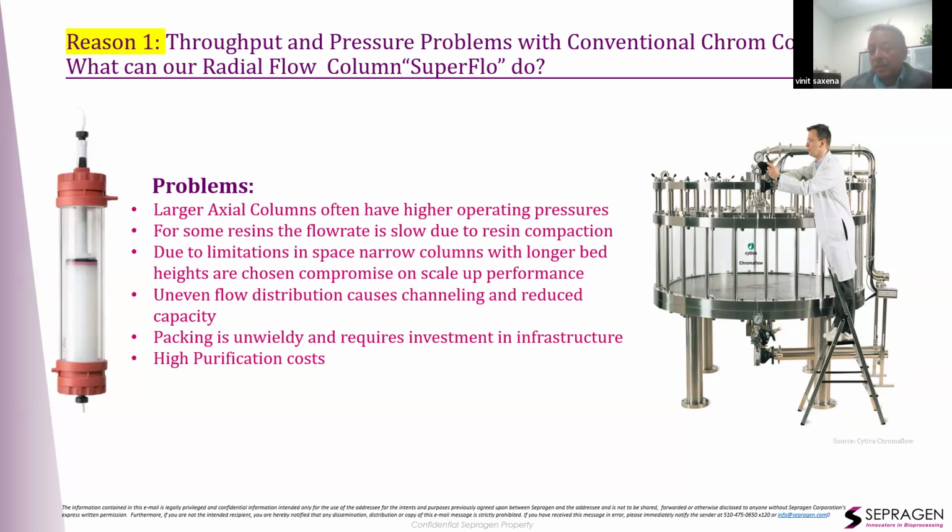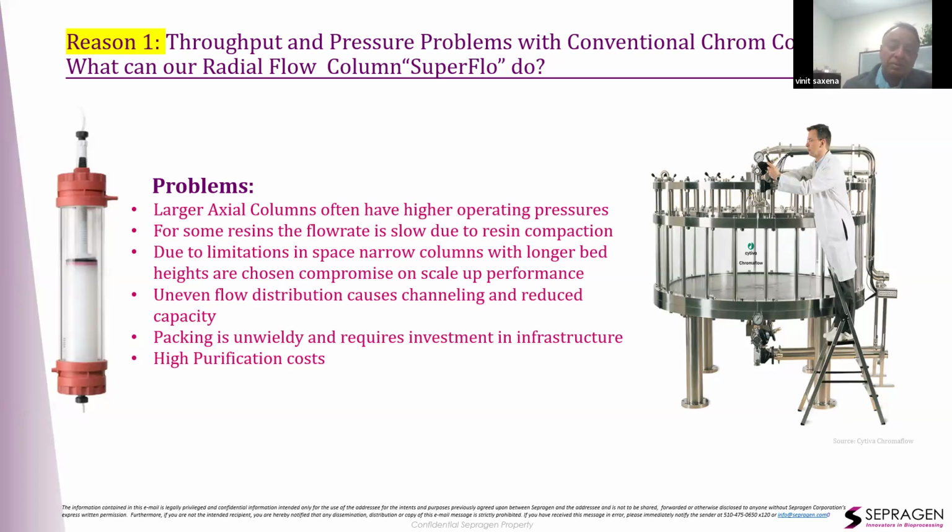And then, of course, you have limited space, right? So if the titers are going up and you have narrow space, well, then you don't have enough space. So what do people do? They say, well, we'll use the same column. Oh, we have this column lying around. We can use it instead of 10 centimeter. Well, I'm going to use a 20 centimeter, pack it slightly higher, maybe 30. That's fine.